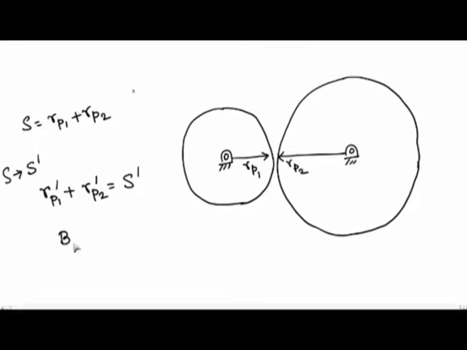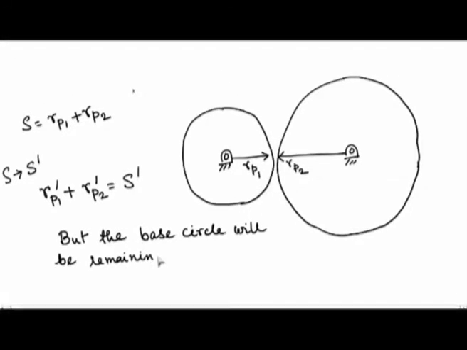But the base circle will be remaining the same, right? And why is that? Because the base circle essentially implies that for a given involute tooth profile the base circle is fixed. Now obviously the gear has already been cut, the involute tooth profiles have already been generated.